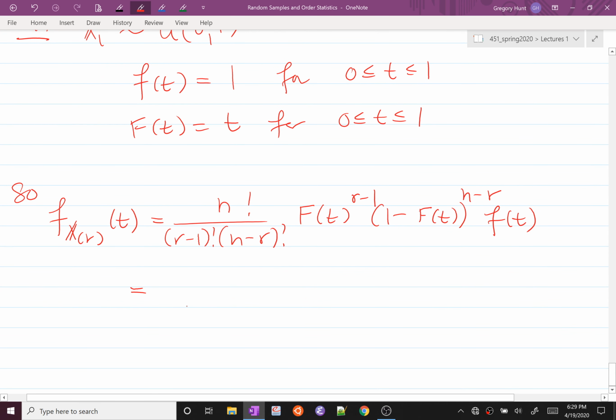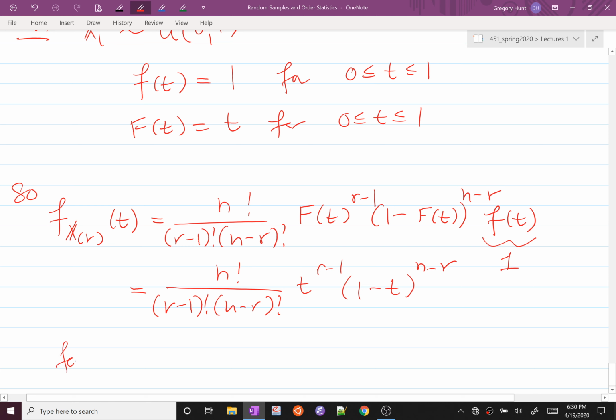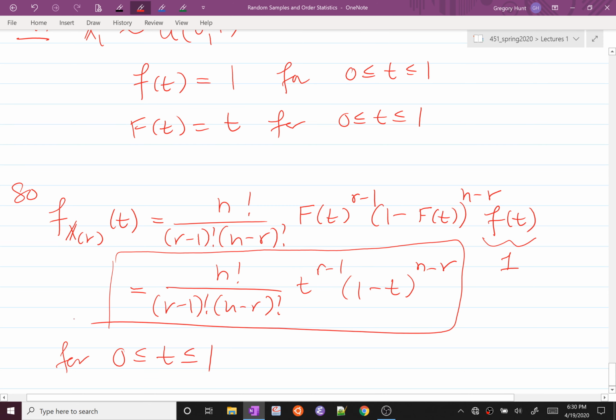In this case, I can plug in my values, so I still get my factorials out front. Capital F is just t, so I get t to the r minus 1, 1 minus t to the n minus r, and the little f of t is just 1. This is true as long as t is between 0 and 1, but this is my PDF.